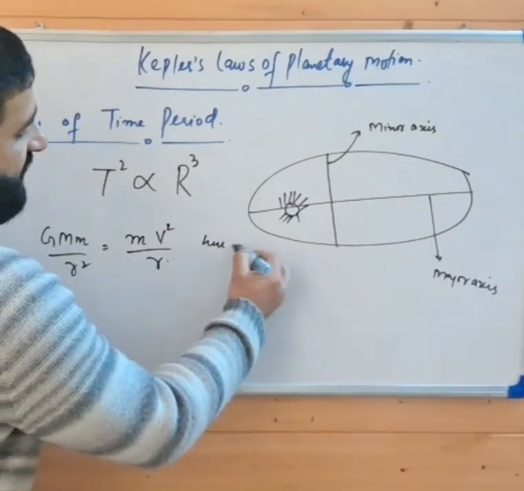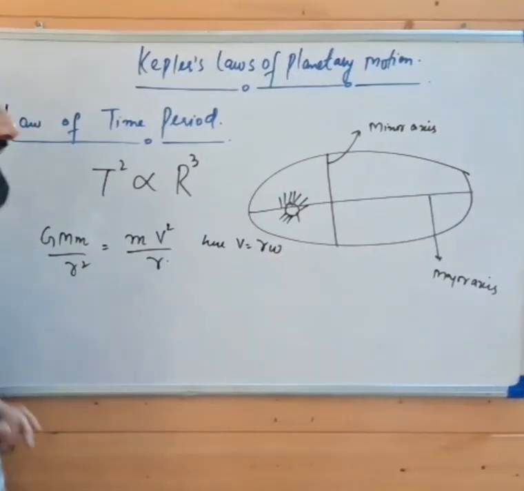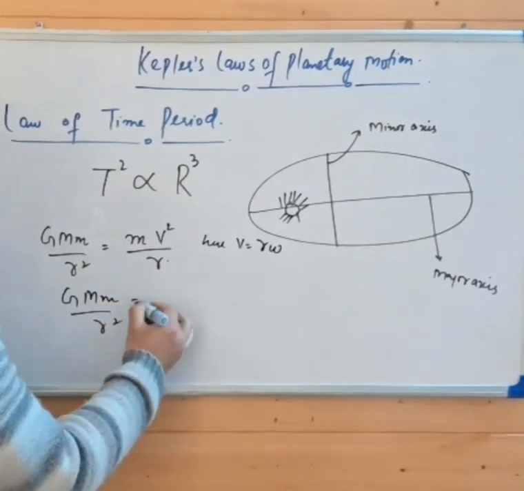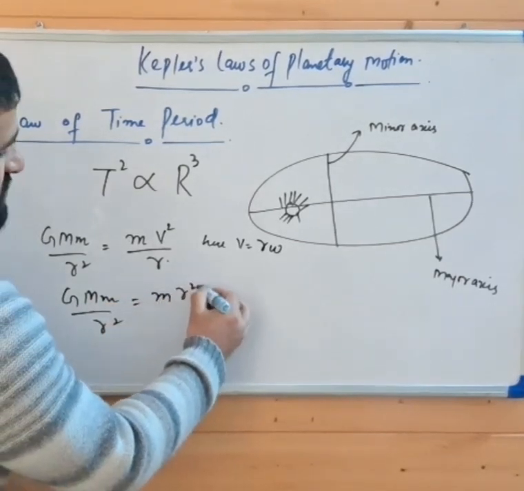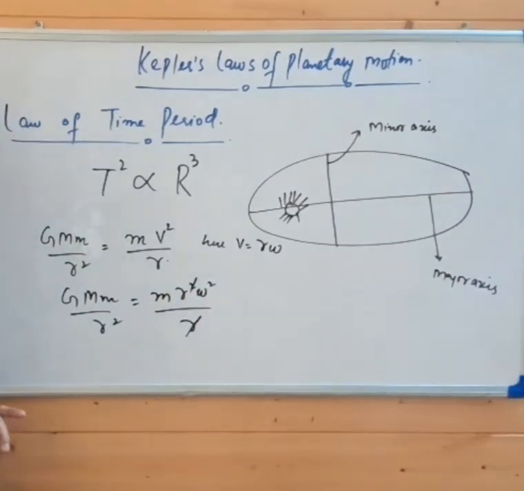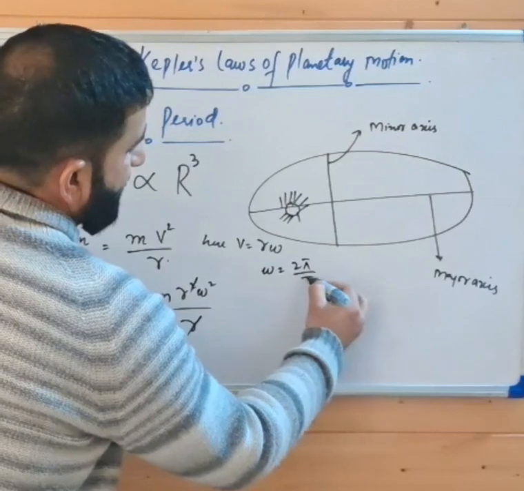Here v is equal to r omega, where omega is the angular velocity and v is the linear velocity. So GMm divided by r squared is equal to m r squared omega squared divided by r. Here one r and r squared cancel. We also know that omega is equal to 2 pi divided by T.